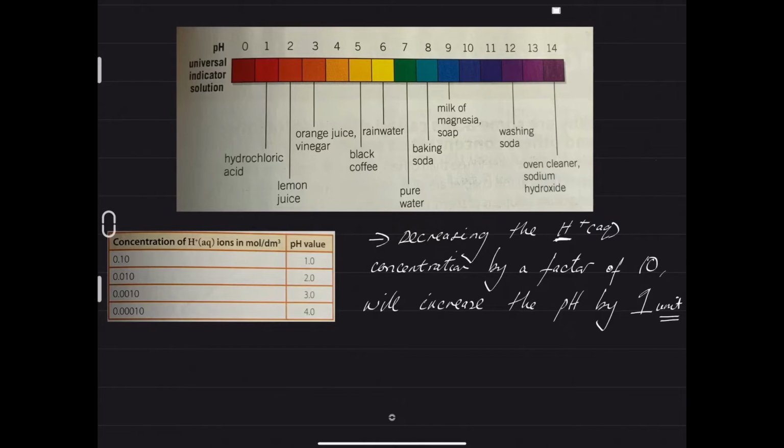So can you pause the video here and put a summary of a couple of sentences explaining the relationship between the concentration of H plus ions and the pH value. You can take down the definition I've written down, but I'd rather you put it in your own words, using that table to help you.